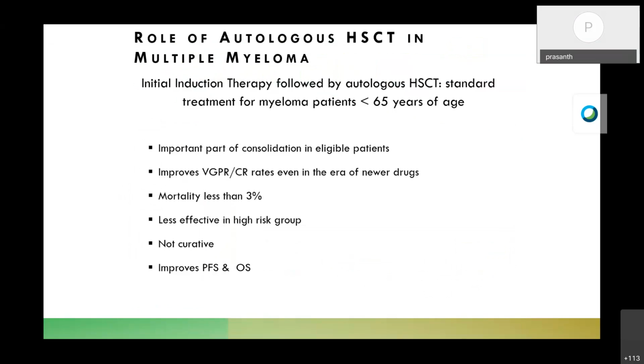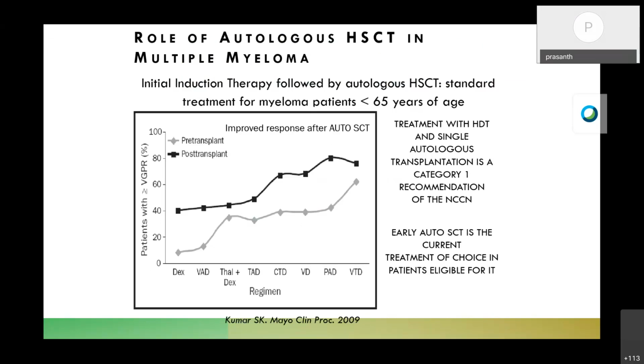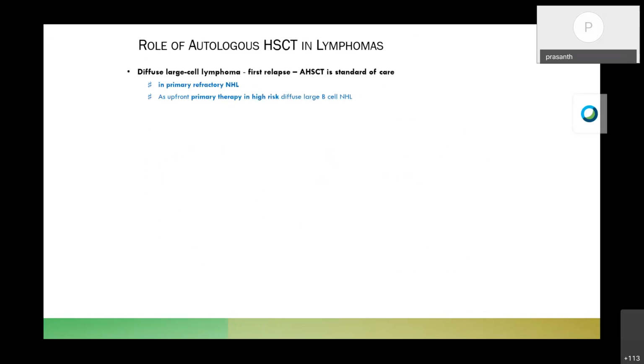So in myeloma, even though we don't think that autologous transplant is curative, it greatly prolongs the patient's disease control from about 2 years to about 5 or 6 years. So it's a very important component of therapy and must be done, and the response can be greatly improved with this procedure.